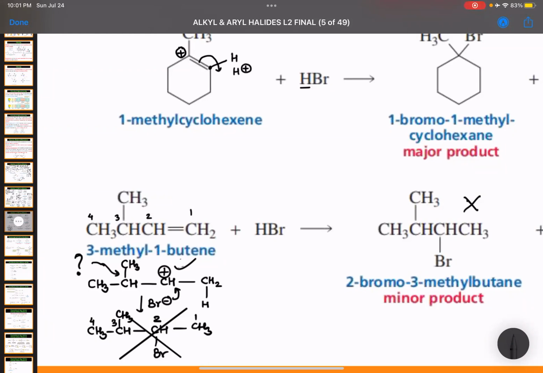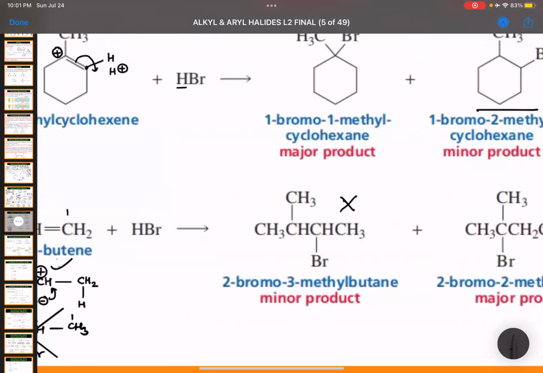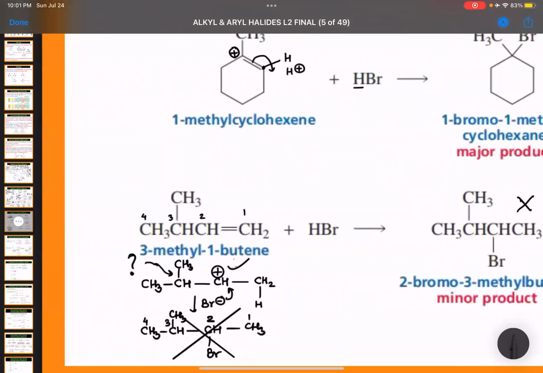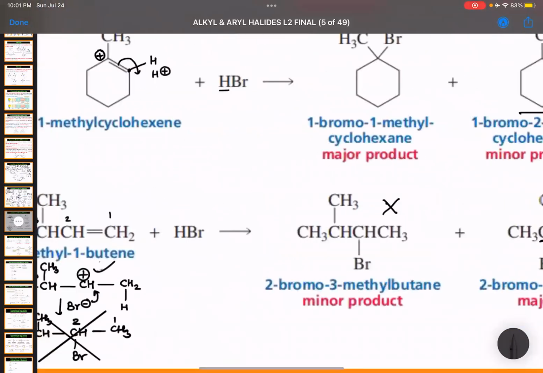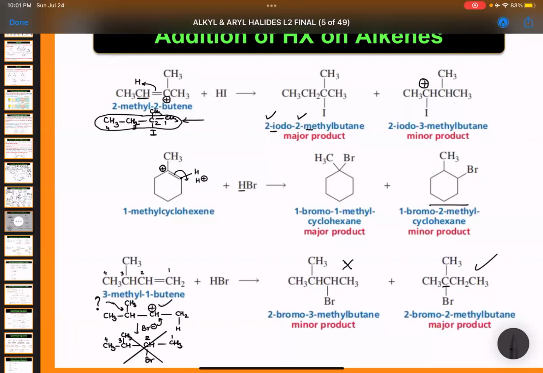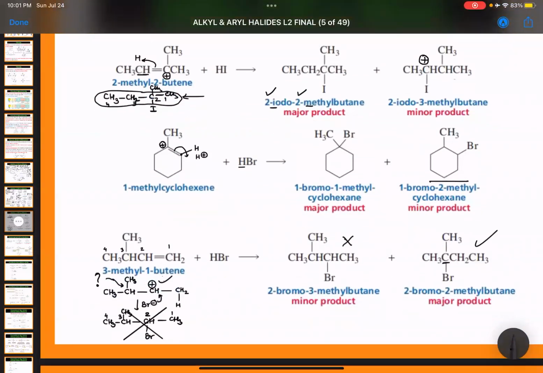The answer is actually something else, where we have not expected Br. The Br has attached itself to the tertiary carbon, and the tertiary carbon was not having any carbocation. So actually, you need to know a very, very important property of carbocation.